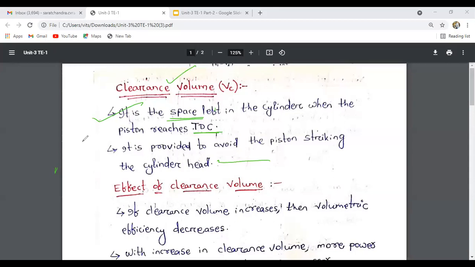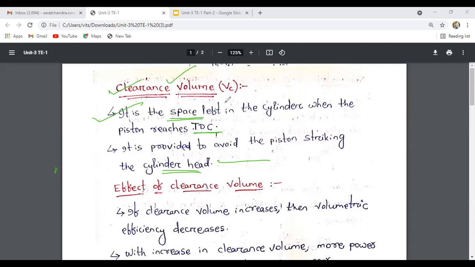If the piston directly strikes the cylinder head, it will damage the inlet valve, the spark plug and the exhaust valve. To overcome these difficulties, a small space is provided, called clearance volume. This is the definition and necessity of clearance volume.